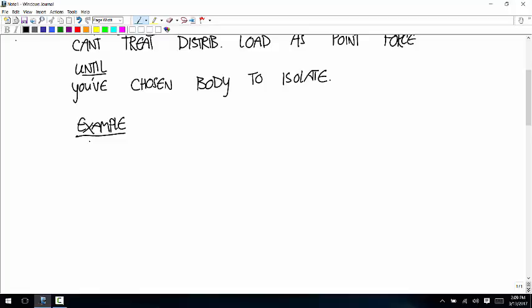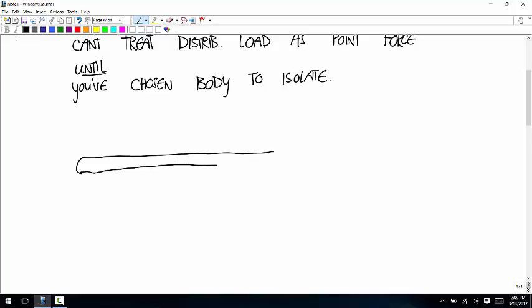Let me draw a picture of this. You might have a setup like this where you have a cable attached to the two ends of this bar and you're applying forces like that. Mathematically, we don't know how to do this calculation.